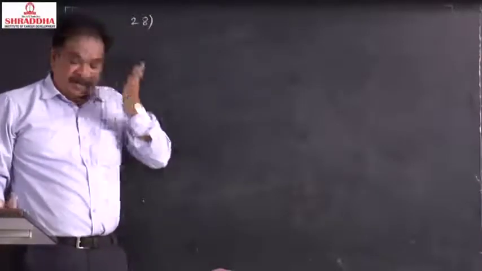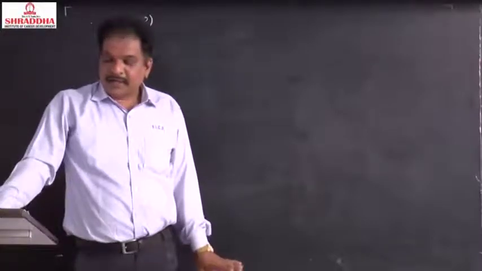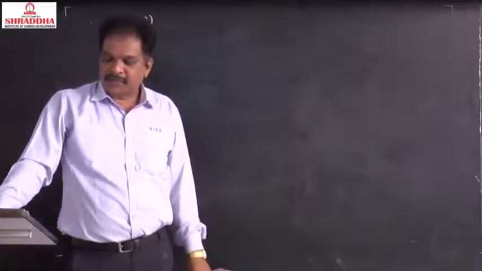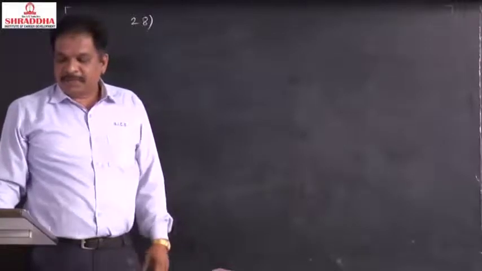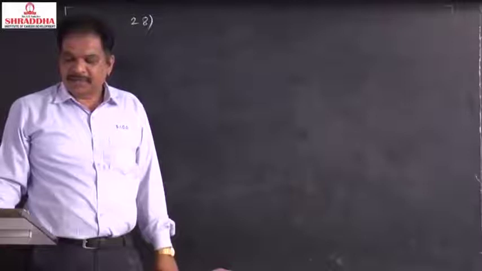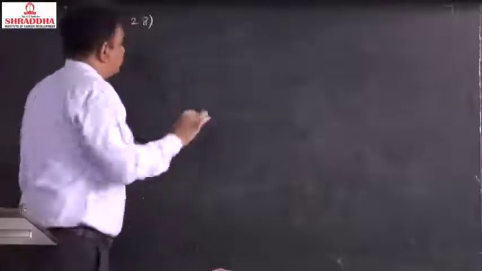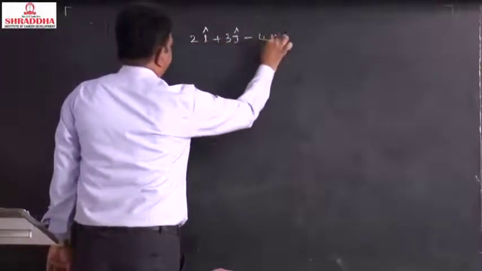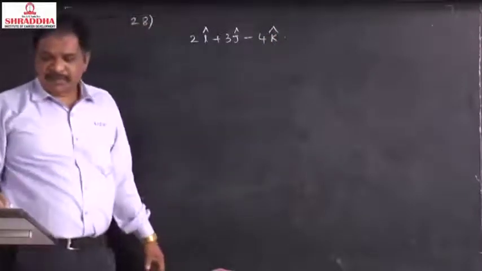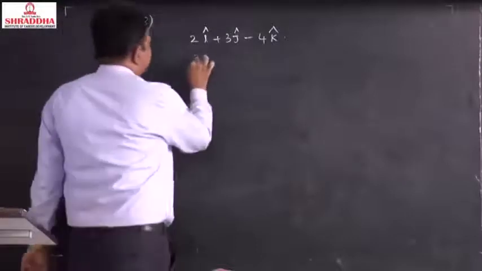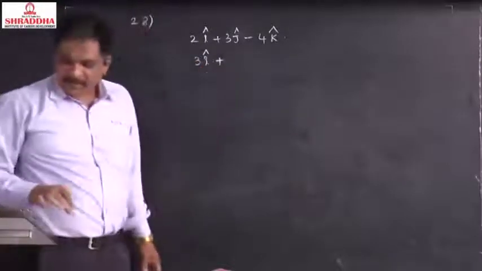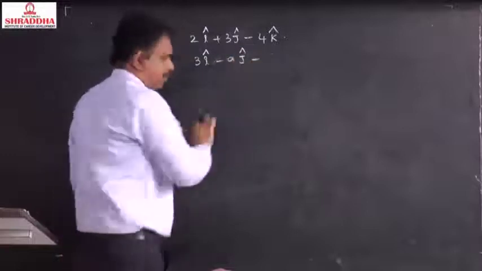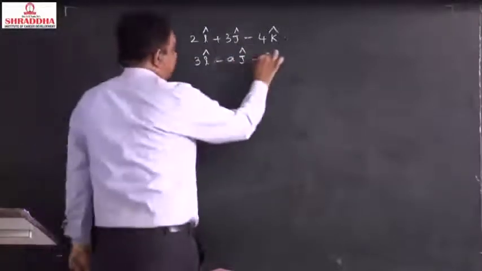Next, 28: what they are asking is, what is the condition for the vectors 2i cap plus 3j cap minus 4k cap and 3i cap minus aj cap minus bk cap to be parallel? 2i cap plus 3j cap minus 4k cap, that is one vector. 3i cap minus aj cap minus bk cap.